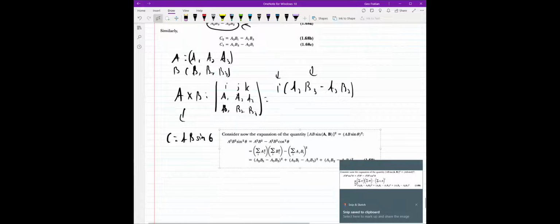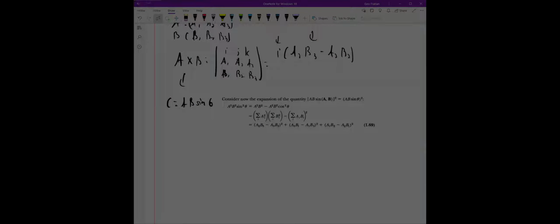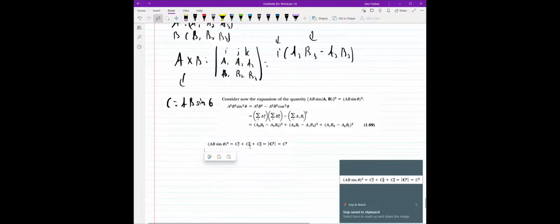We're considering the expansion of the quantity AB sine theta squared. They expand it, and what you basically see right here is you get the cross product.